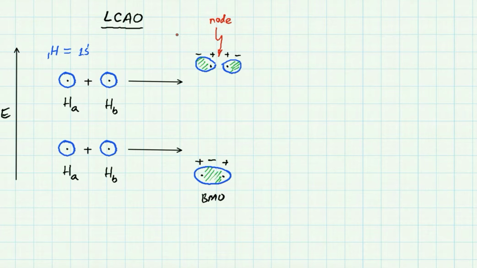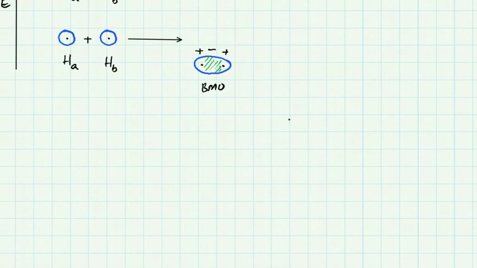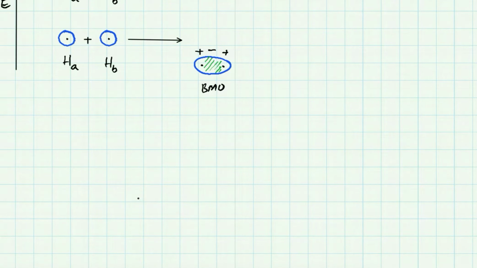Now, if we show the same process with the help of a diagram, it will be like this. Suppose we have one of the 1s orbitals, it has one electron.